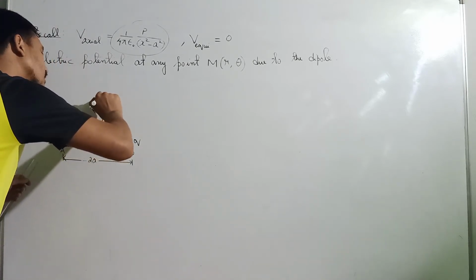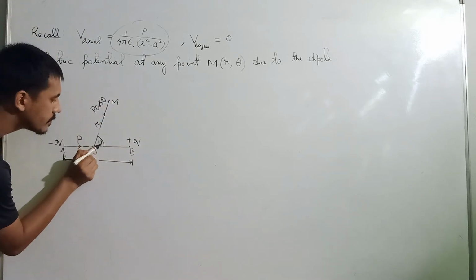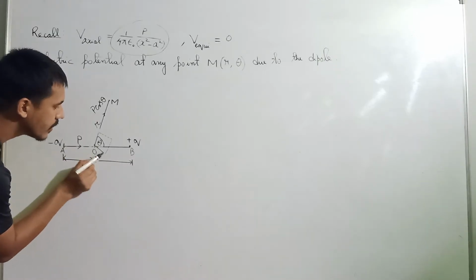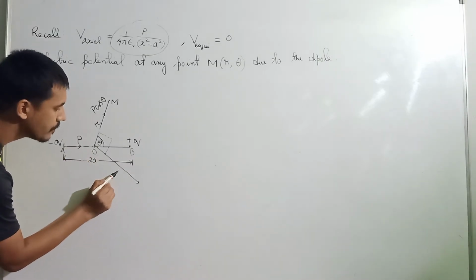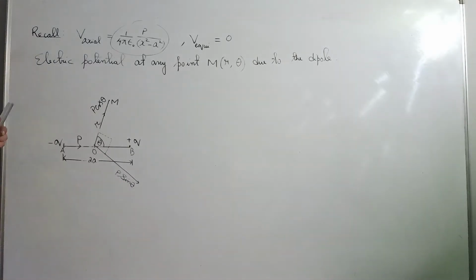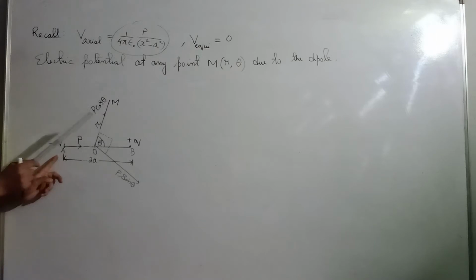P cos theta. And perpendicular to this P cos theta, you have another dipole, P sin theta. Is it okay? So the net potential at this point M will be now not due to one dipole, but due to two dipoles. Okay?